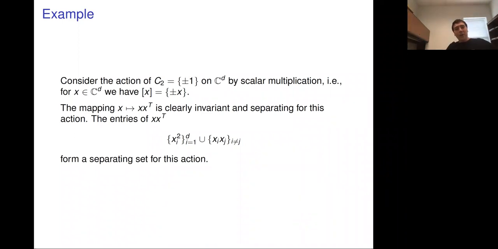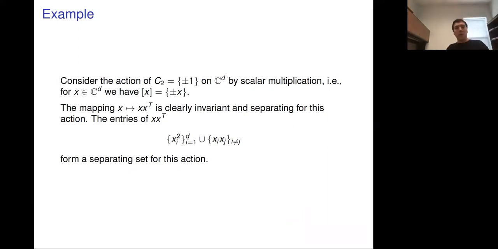If you consider the nonlinear mapping that sends a vector x to its rank 1 outer product matrix, x times x transpose, it's not hard to convince yourself that this is an invariant and separating mapping for this action.